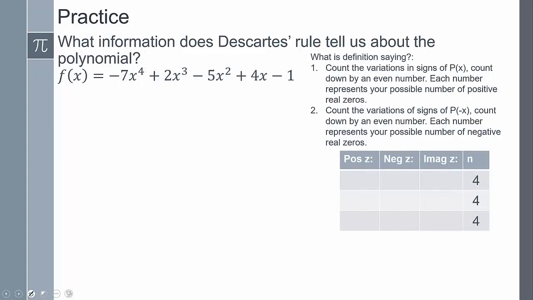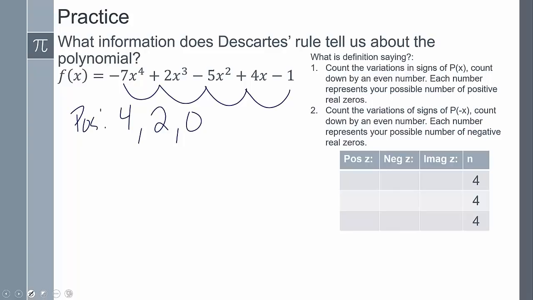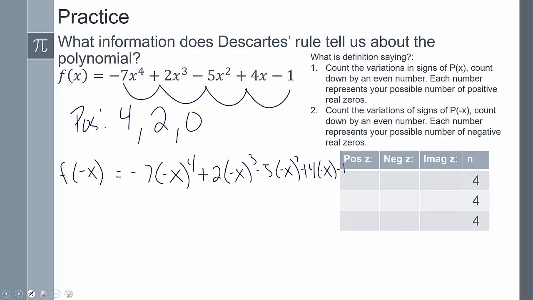All right, so getting this down, negative to positive, positive to negative, negative to positive, positive to negative. That gives me 4, 2, and 0 for my possible positive zeros. Now I need to plug in a negative. So now simplifying that, that's going to be negative 7x to the fourth, because I have 4 negatives, so nothing happens.